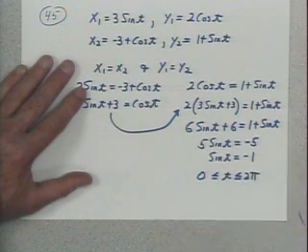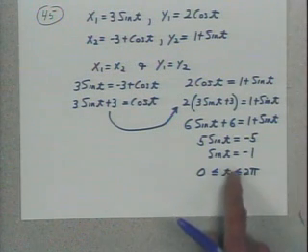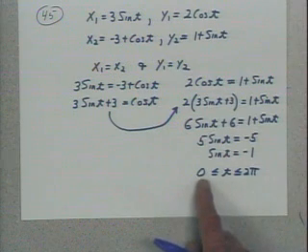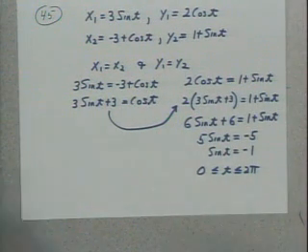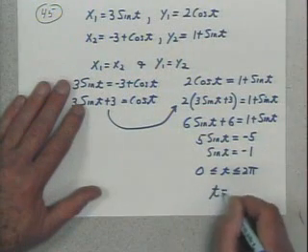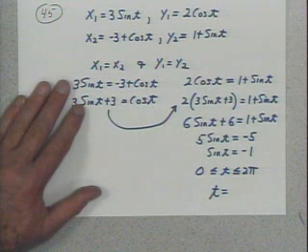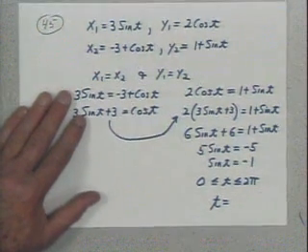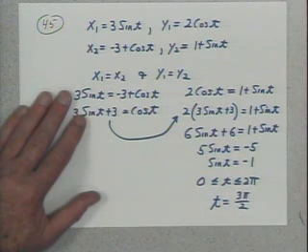That was my t window. So, is there a t value somewhere between 0 and 2 pi where the sine is negative 1? When is sine equal to negative 1? Right, 3 pi over 2.